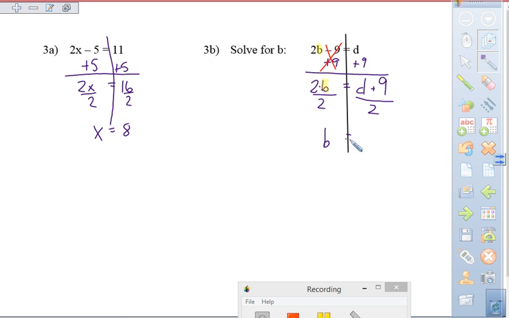So our answer, you could write as this, d plus 9 divided by 2, or if you wrote those pieces separately, you could have d divided by 2 plus 9 divided by 2. Either answer is correct. And basically what we're doing here at the end was just the distributive property, where both pieces had to be divided by 2.